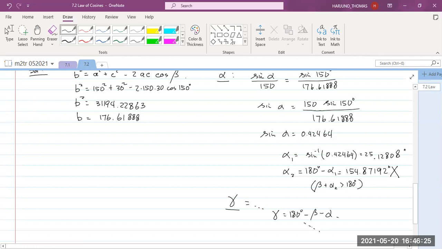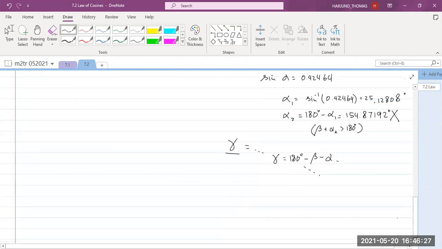Now the thing is, how about number 15? Actually, before I go too far, let me do this first. Number 11. A equals 10, B equals 11, C equals 22.